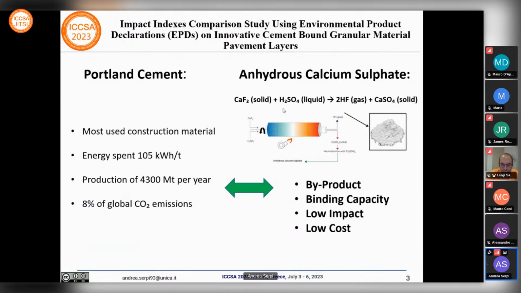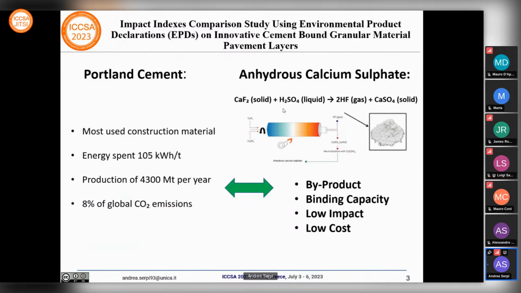The International Energy Agency states that the amount of energy spent annually for this material's production is currently 105 kilowatt hours per ton, for a production of 4,300 megatons per year.